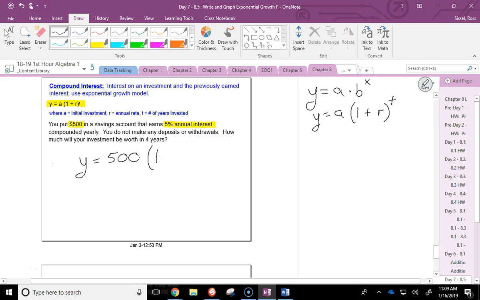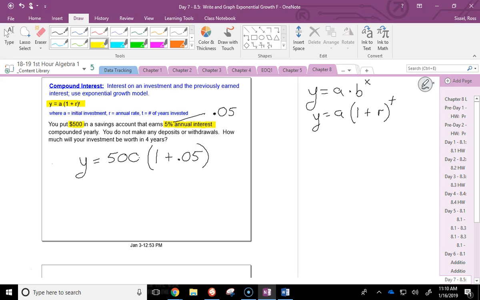So when they give me my money, they tell me how much money I have. They're going to say, well, you have 100% of your $500 plus 5%. 5% as a decimal is 0.05. And it'd be our exponent of t.